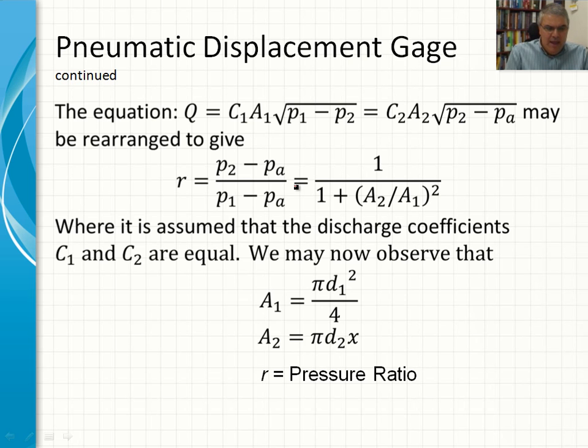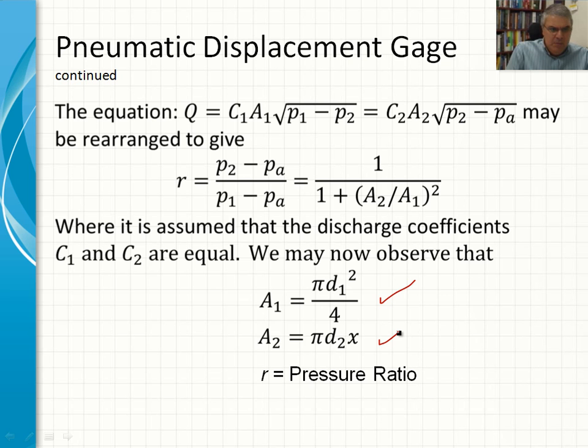Remember, we are after a relationship between the multiple parameters that we have and the displacement x, so that will be our eventual goal. The area of the first orifice is circular, so it is given as such. And for the second one, we also calculate that as such.